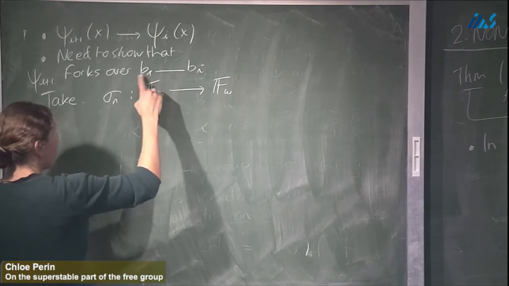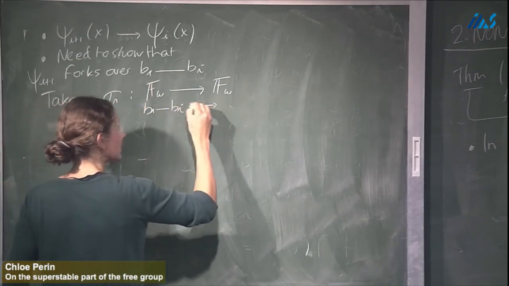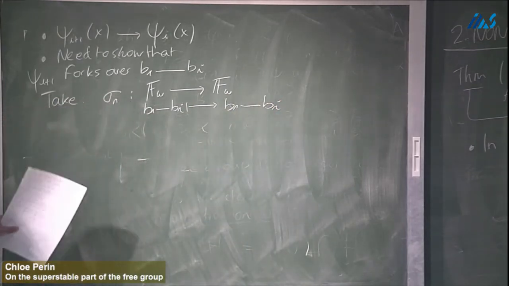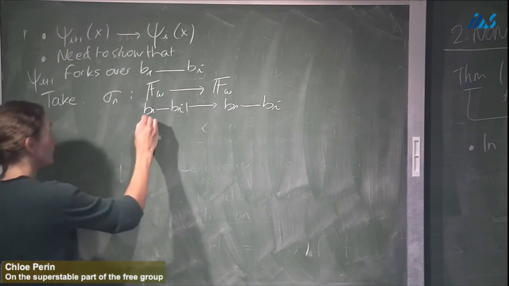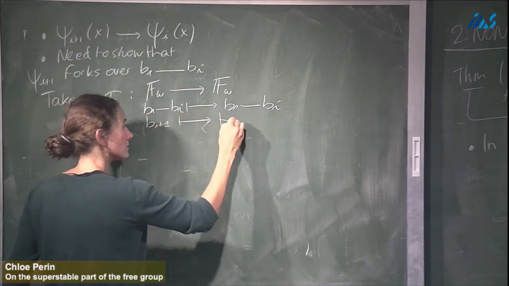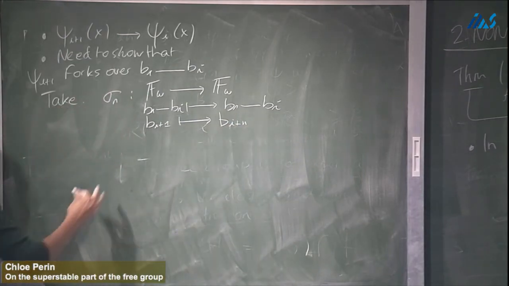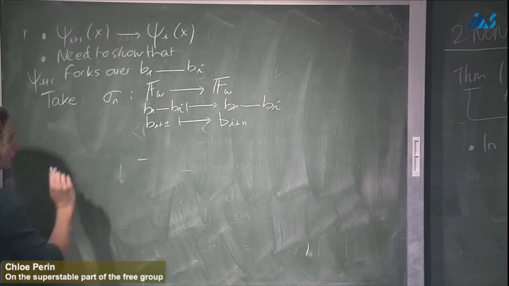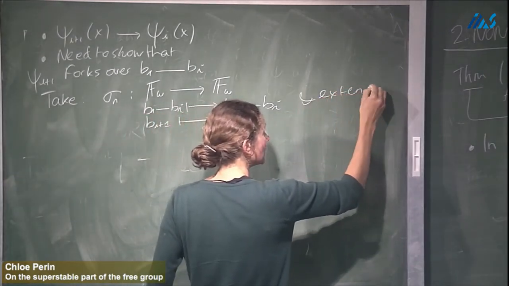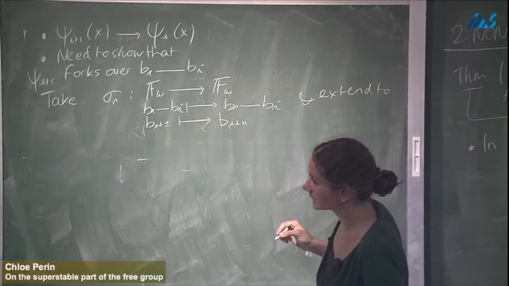And the idea is this: I will fix b1 up to bi, okay? And bi plus 1, I will send to bi plus n. Okay, but now we know that this can really be extended to an automorphism. Sorry, question. Yeah. So the embedding of f and f omega is also elementary?